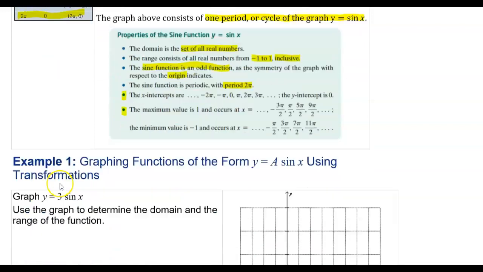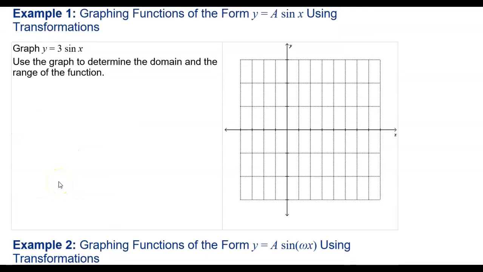Then we have our x-intercepts and our maximums and minimums. So when we go do an example of graphing, we have y equals 3 sine x, and it says to graph using transformations. First, I'm going to do the parent function y equals sine x. I know that I'm going to have 0, pi over 2, pi, 3 pi over 2, and 2 pi. Then I'll have negative pi over 2 and negative pi.